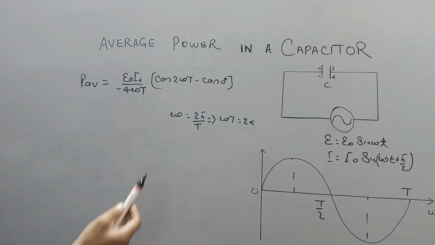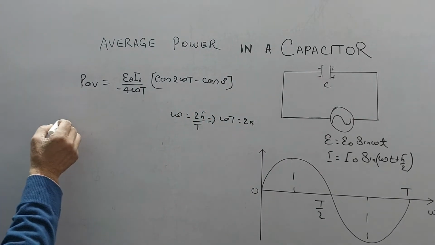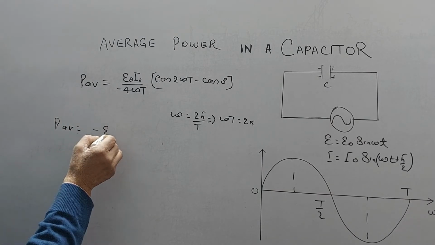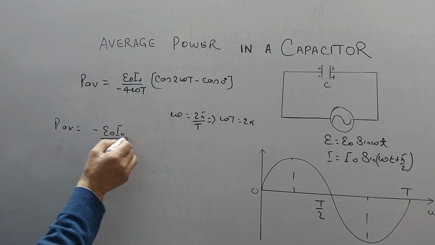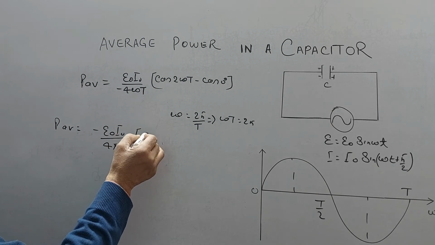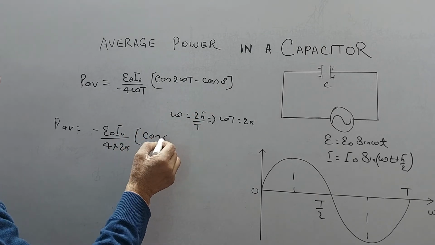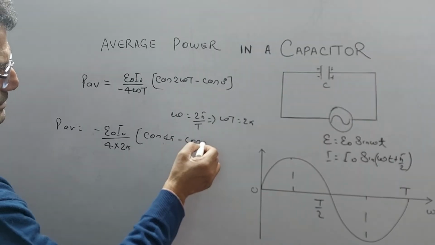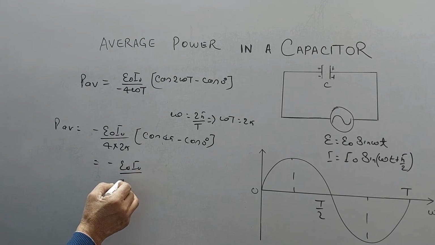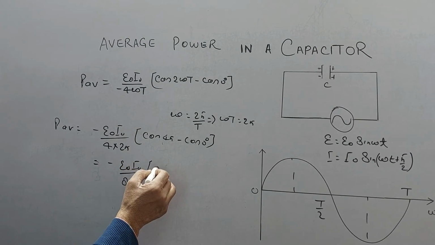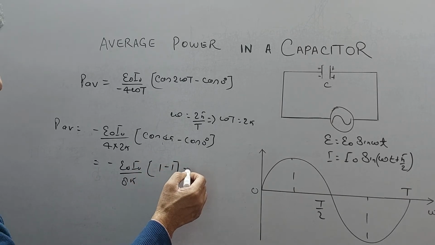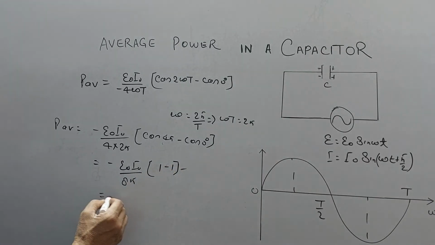So if I replace omega T with 2 pi, the average power becomes minus voltage amplitude, current amplitude divided by 4 omega, and here 2 omega T becomes 4 pi, minus cos 0 degree. Voltage amplitude, current amplitude over 8 pi, inside of this plus 1 minus 1 has a value that comes out 0. So now 0.